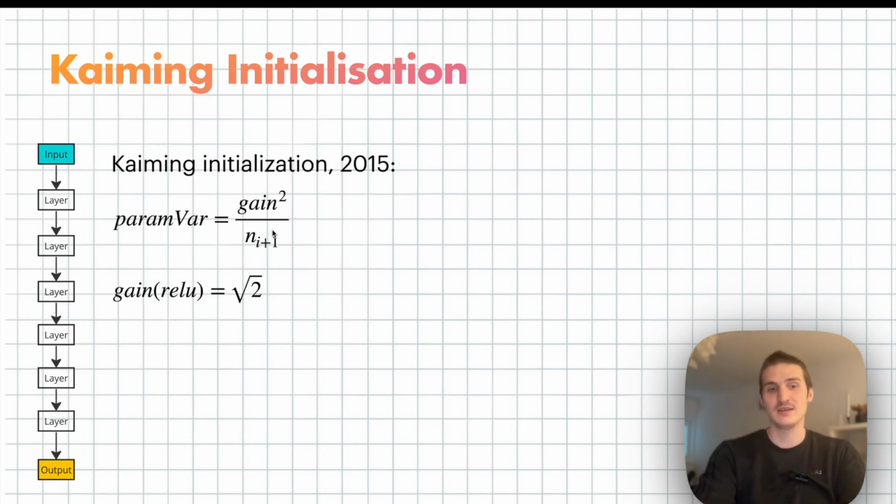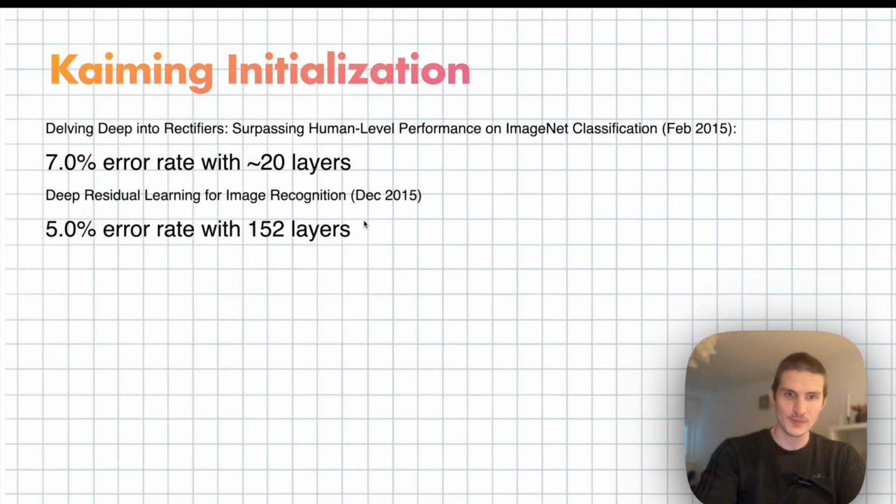But sometimes we also see the fan in initialization that uses just the size of the current layer. And for rectified linear unit, this gain is just the square root of 2. But in PyTorch, we have functions to just calculate the gains for most of the known activation functions that you can just specify as the number for initialization.